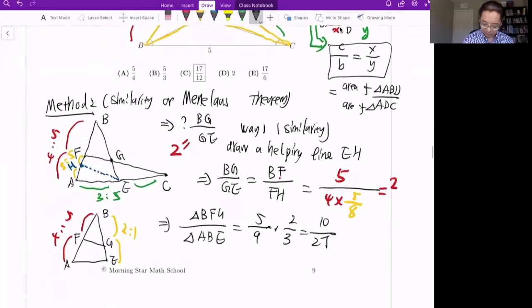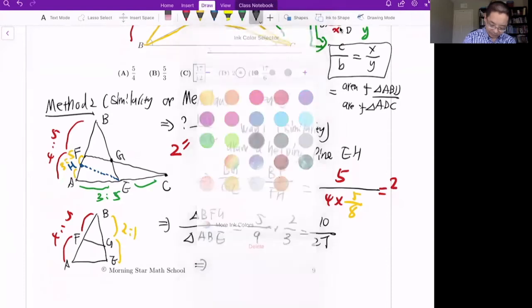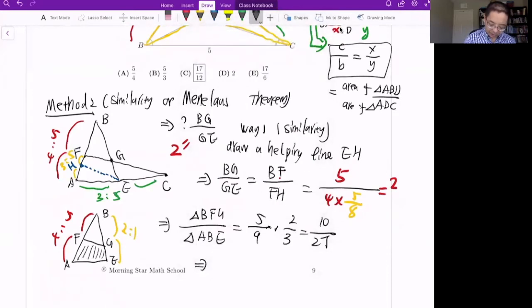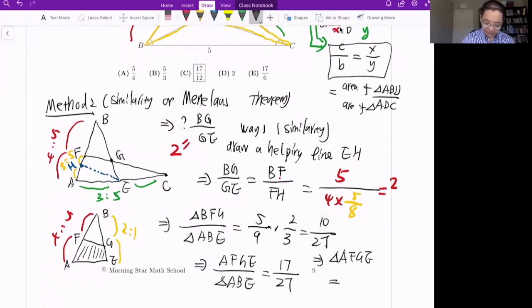Now in particular, from here we get this quadrilateral, AFGE over the whole ABE, will be 17 over 27. And we know ABE, which we calculated before.